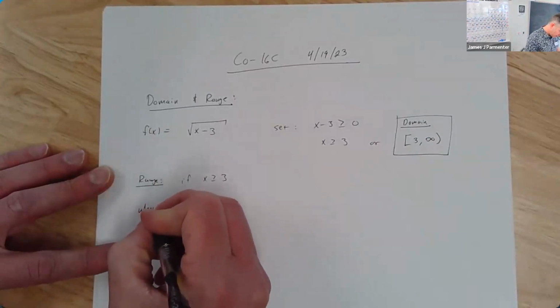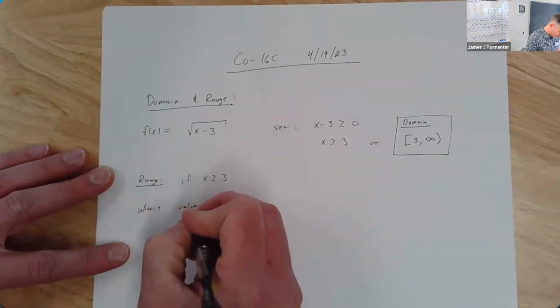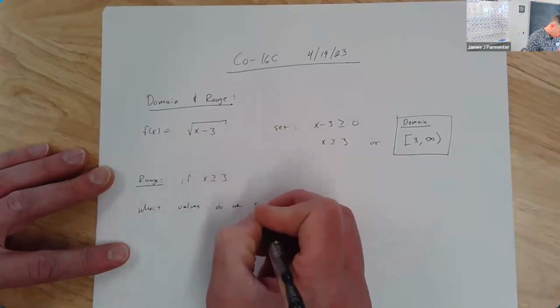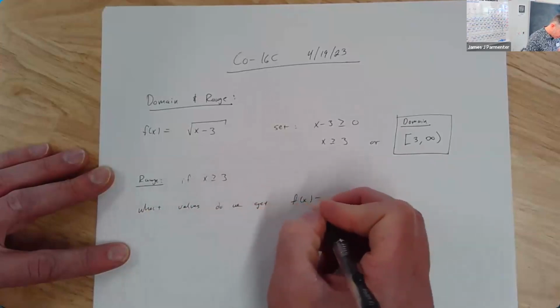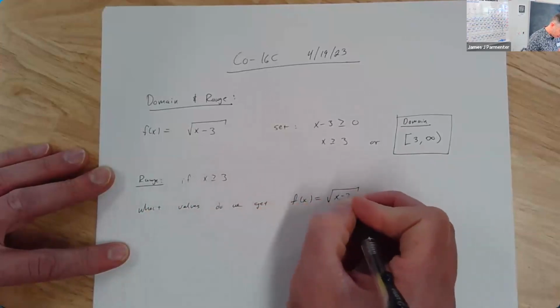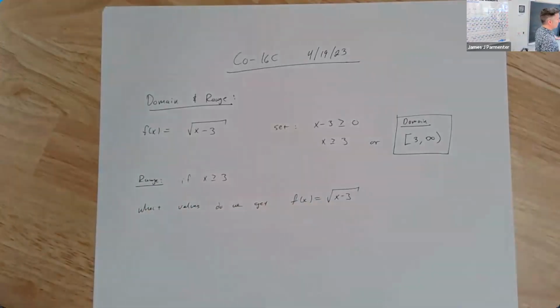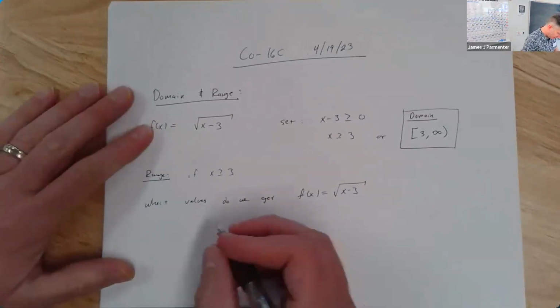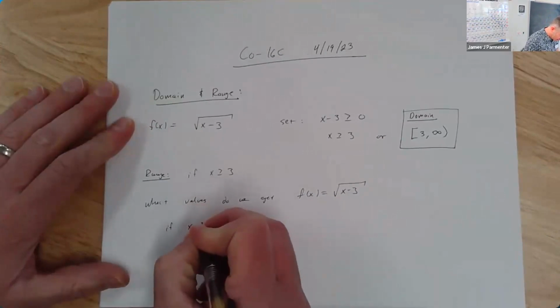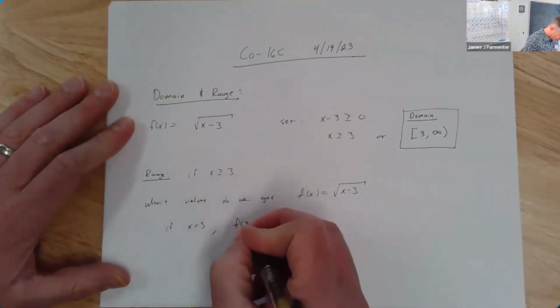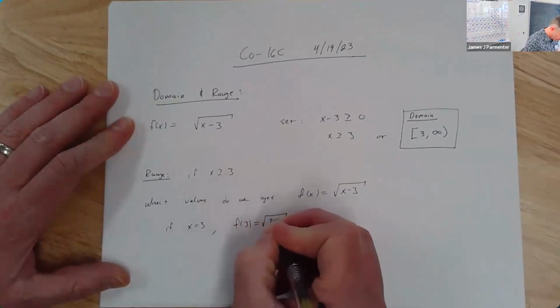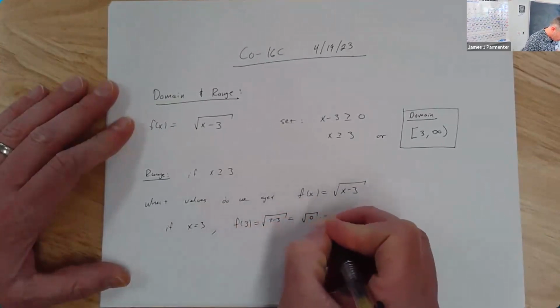What values do we get for the function f of x equal to the square root of x minus 3? I try to think about the ways this can be as small as possible and the ways this can be as big as possible. If x equals 3, then f of 3 is the square root of 3 minus 3, which is the square root of 0, which is 0.